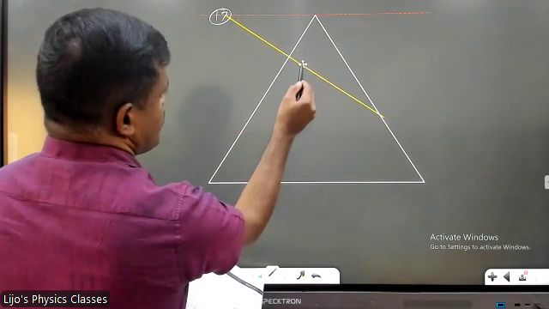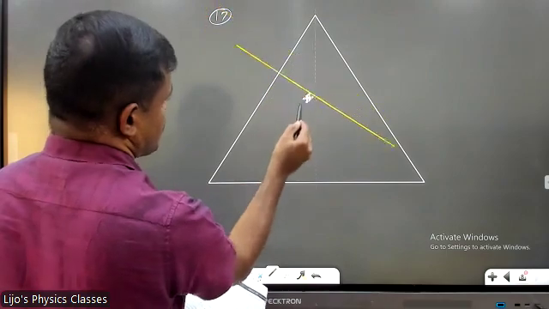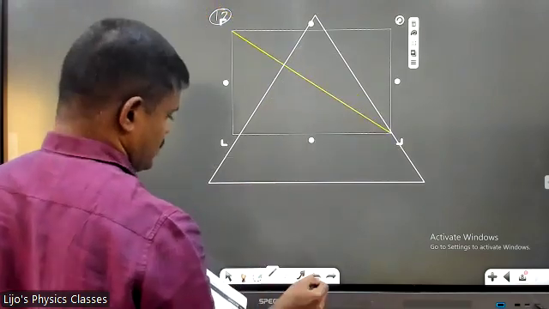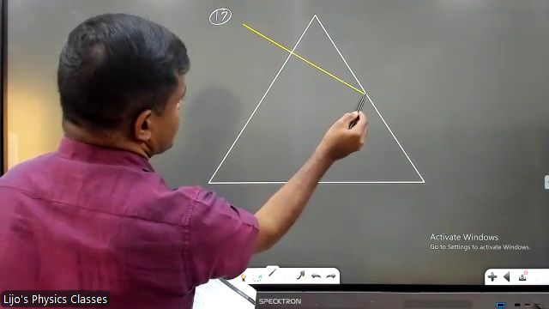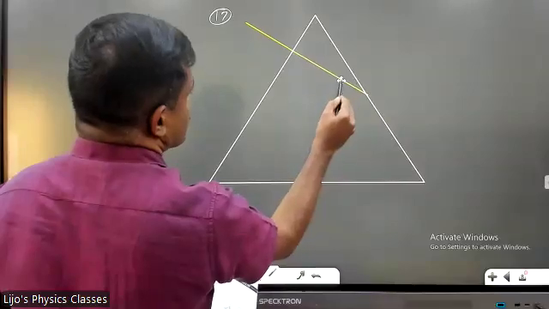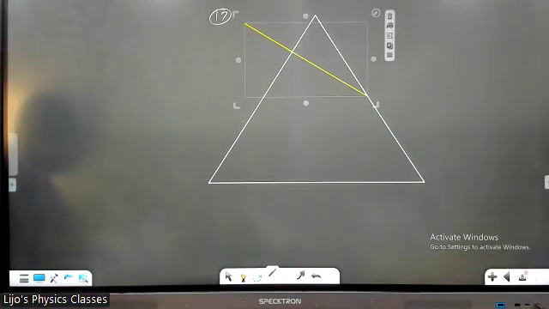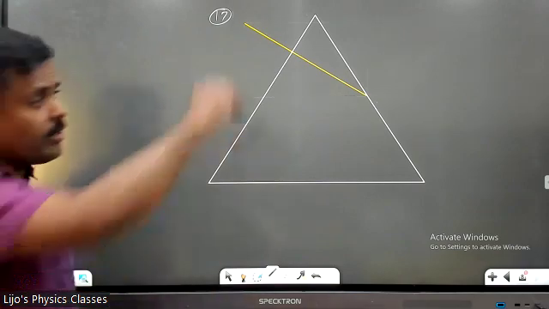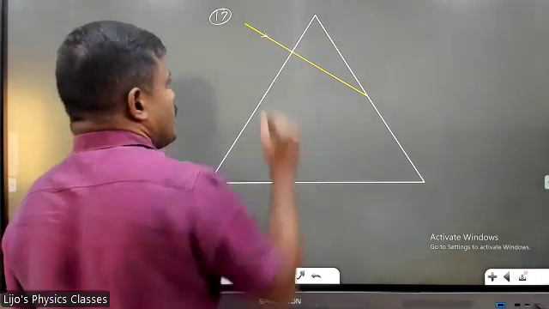It's going straight, right? The ray is going in like this. It's hitting the surface like this. The ray will not bend at the first boundary because it is falling normally on this.